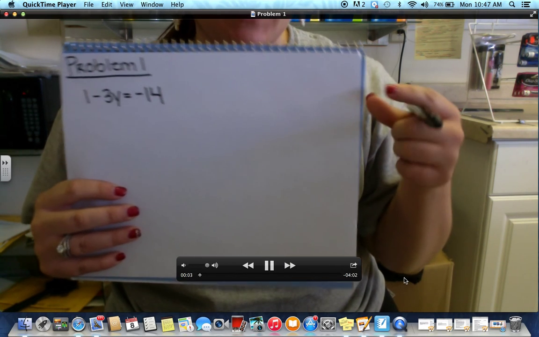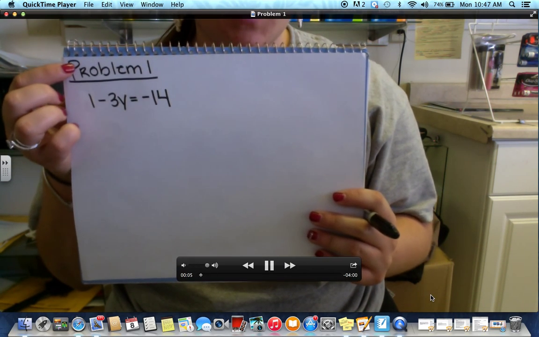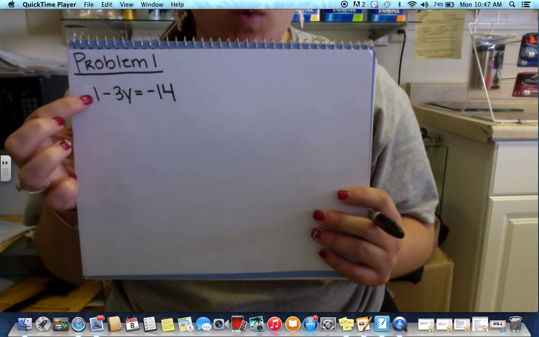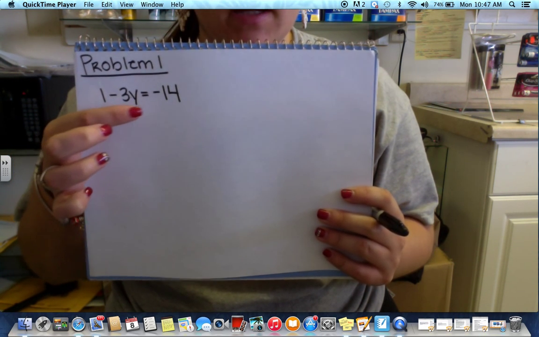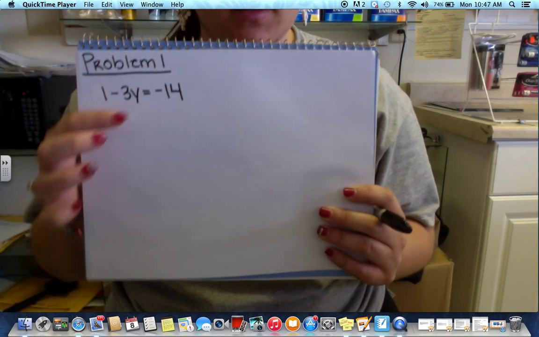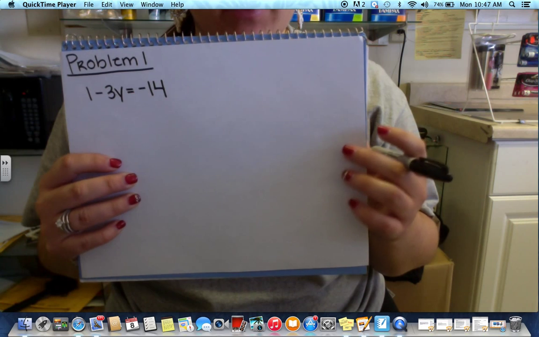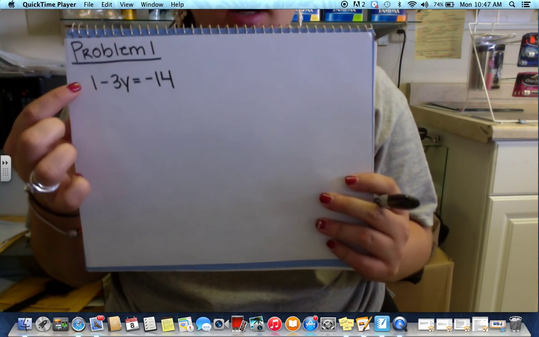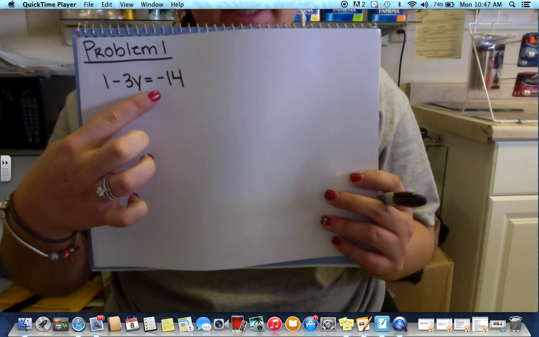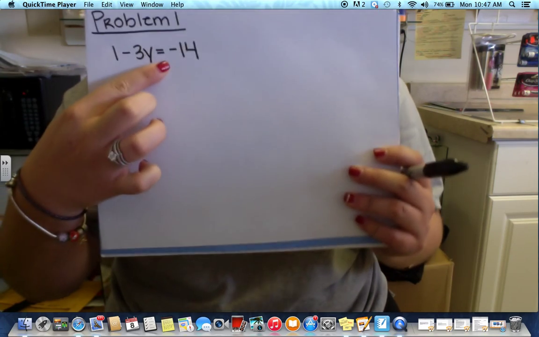Okay, this is problem number 1. So it is 1 minus 3y equals negative 14. The first step is you have to carry the 1 over to the negative 14. So I'm going to do that right now.